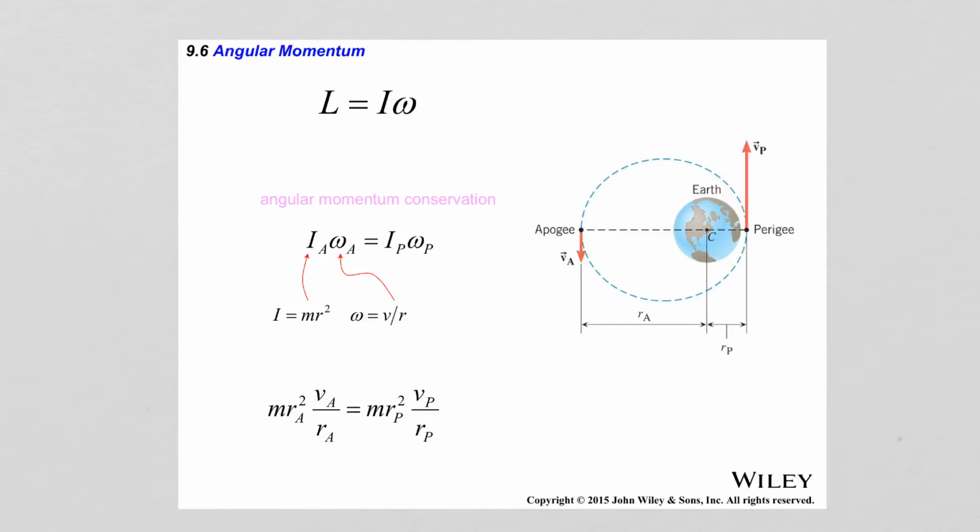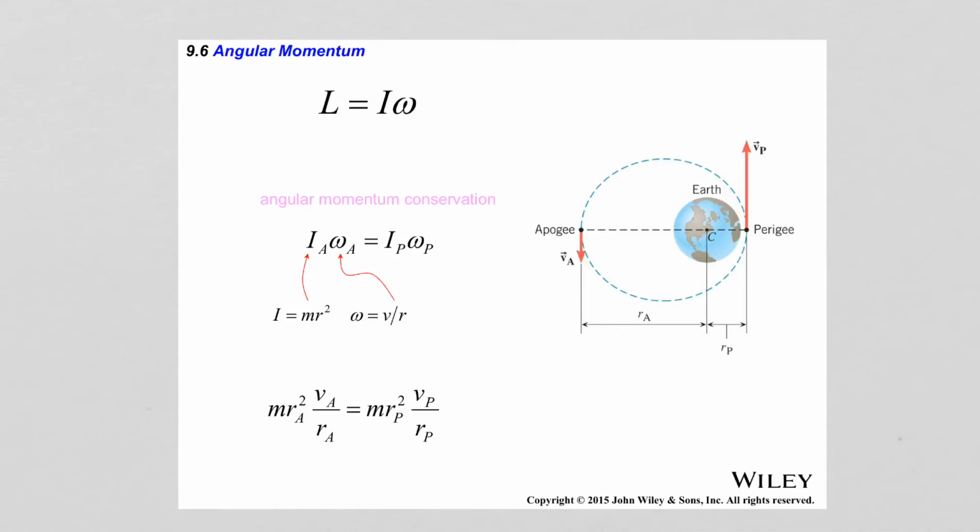The only forces that act in the system are the gravitational forces between the satellite and the Earth, and that's a pair of action-reaction forces, and according to Newton's third law, they do not produce a net force. So therefore, the angular momentum of rotation of this satellite, the product of moment of inertia and angular velocity, will be constant.